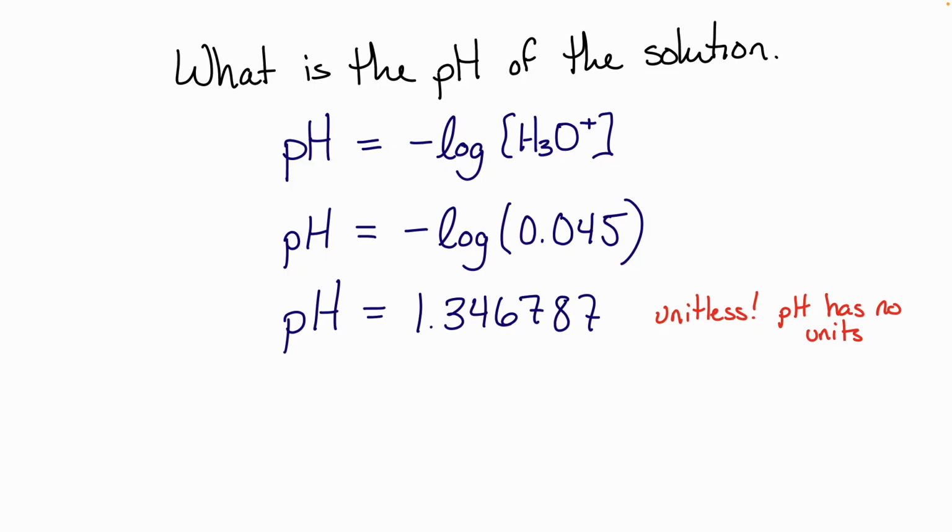Now, I just put down a whole bunch of extra digits here. We have talked about addition and subtraction sig figs, and multiplication and division sig figs. Those are different because they are different operations in mathematics. Guess what? Logarithms are also a different operation, so with this new operation come new sig fig rules. So let's say pH and sig figs.